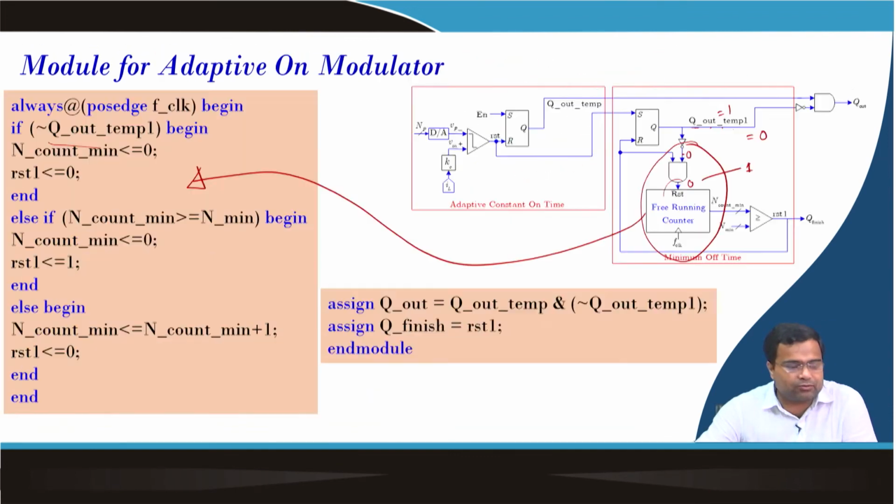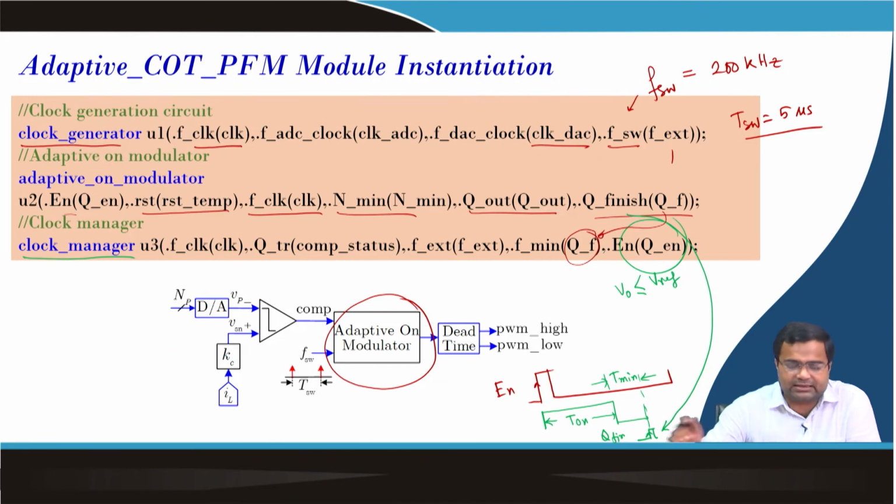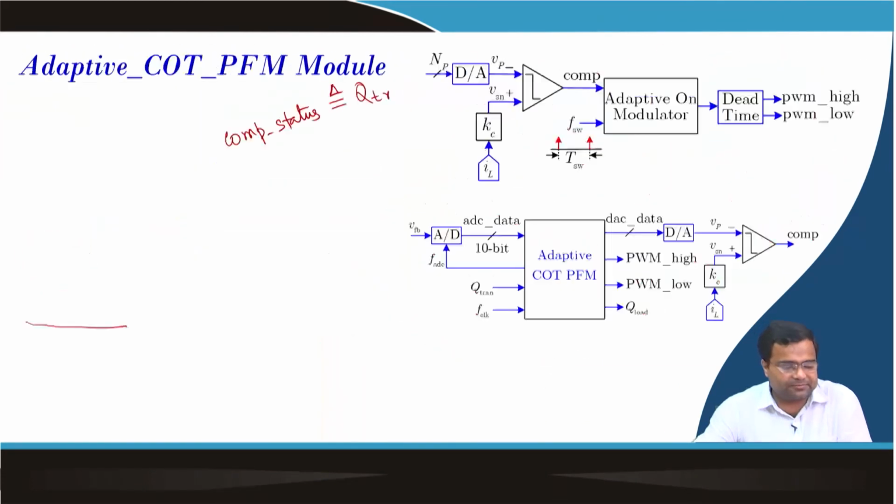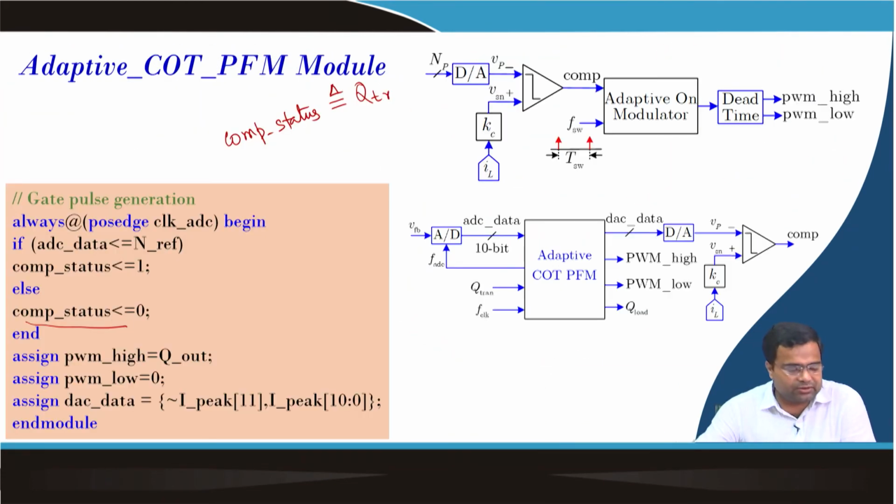Because if you go back to the main module where we instantiated, you see the QTR is nothing but comparator status. So we have discussed in detail, and the DAC, since it accepts offset binary, we have defined I peak in 2s complement. We have to simply invert the MSB, and that will convert any 2s complement into offset binary.